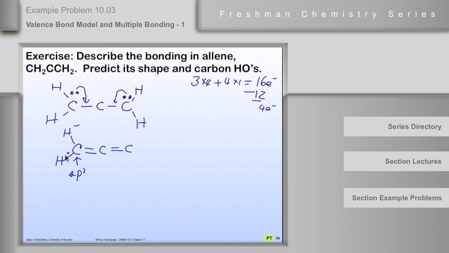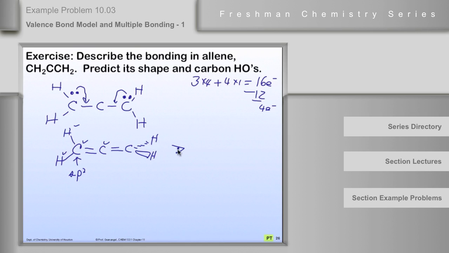So this atom, this one, and that one have to be in the same plane. Okay? Now on the other end, in order to make the pi bonds work out, the hydrogens are not in the plane of the screen, but there's one in front, one in back.